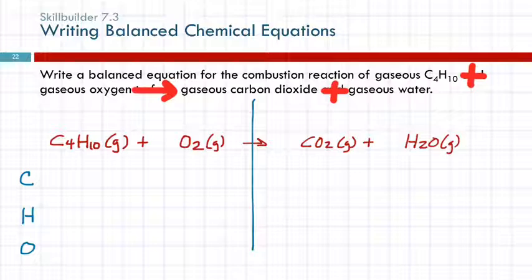I'm going to see what I've got before I start throwing coefficients in here. So in C4H10, I have 4 carbons, and I have 10 hydrogens, and I have no oxygens. Over here with the O2, there's no carbons, there's no hydrogens, and I've got 2 oxygens. Everybody okay with that?